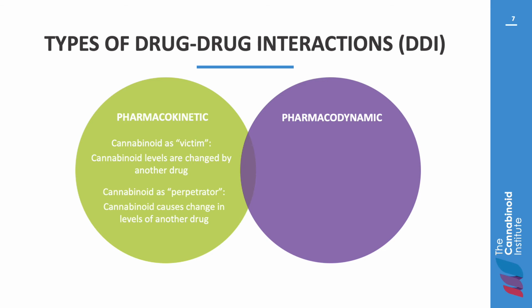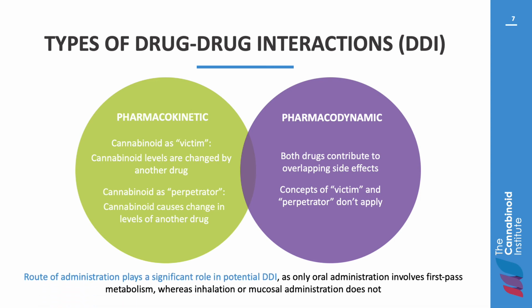Pharmacodynamic interactions are when both drugs contribute to overlapping side effects and the concepts of victim and perpetrator do not apply. It is important to understand that the route of administration of cannabis plays a significant role in the potential for drug-drug interactions, as only oral administration involves first-pass metabolism, whereas inhalation or mucosal administration does not.